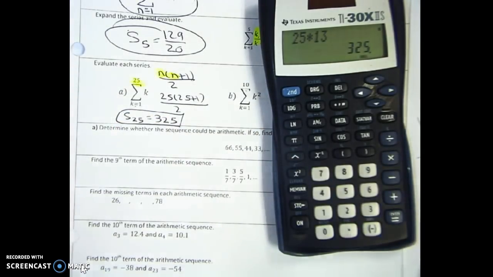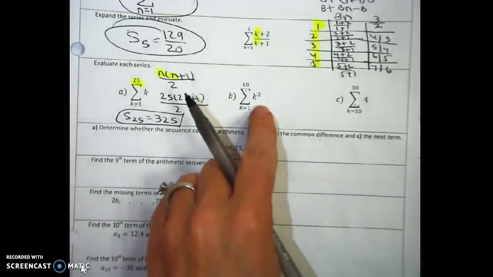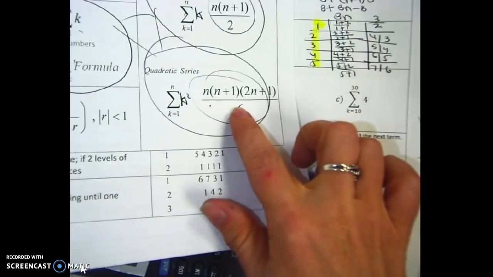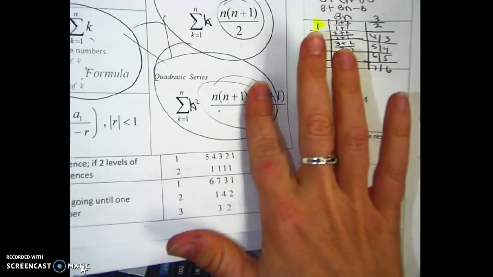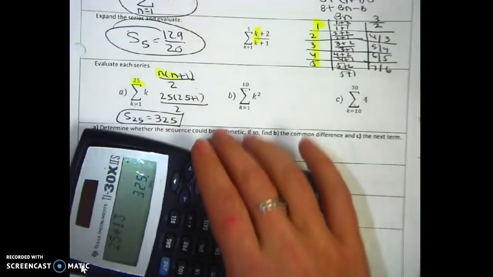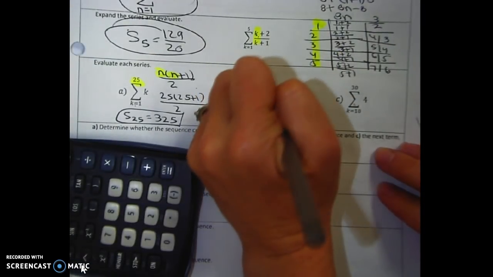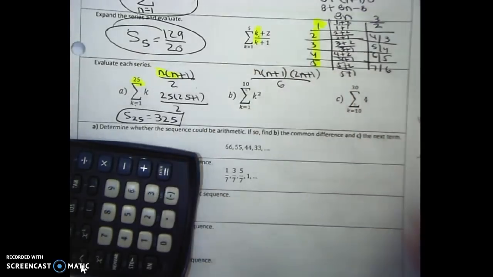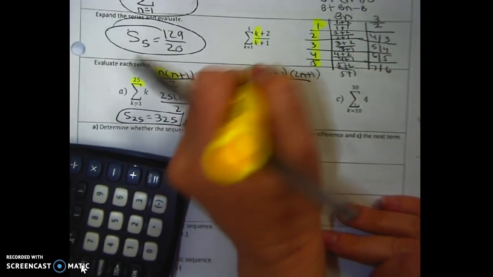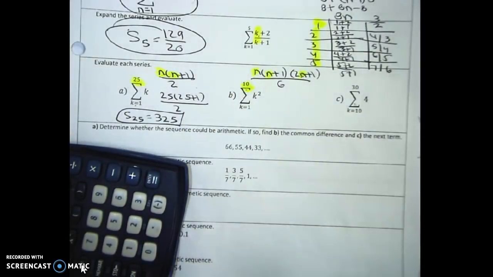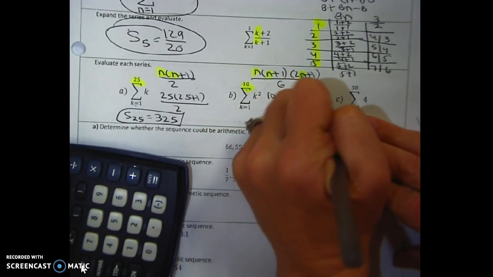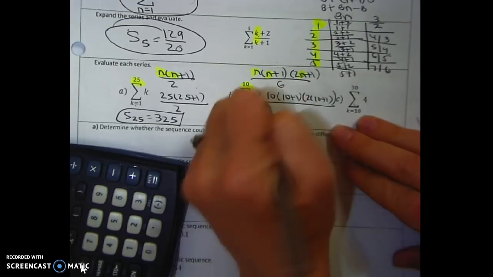Okay? So now I'm going to go to the next one. The next one is a quadratic. So since it's a quadratic, I'm going to use this crazy formula here, which is just an extension of this one right here. Now I look. My n is 10. So 10 times 10 plus 1 times 2 times 10 plus 1, all over 6.